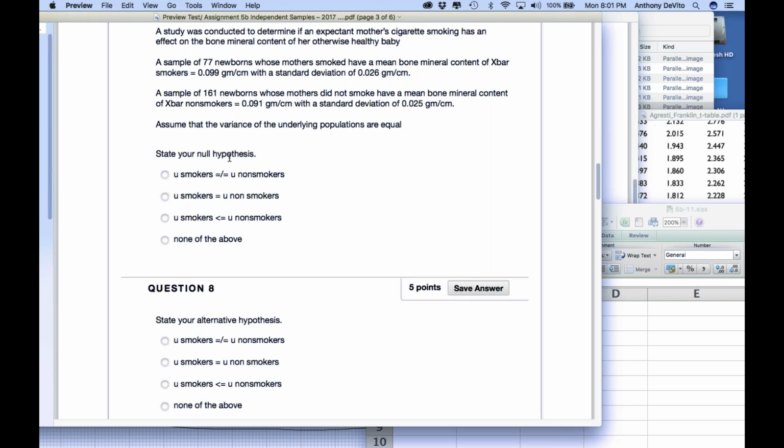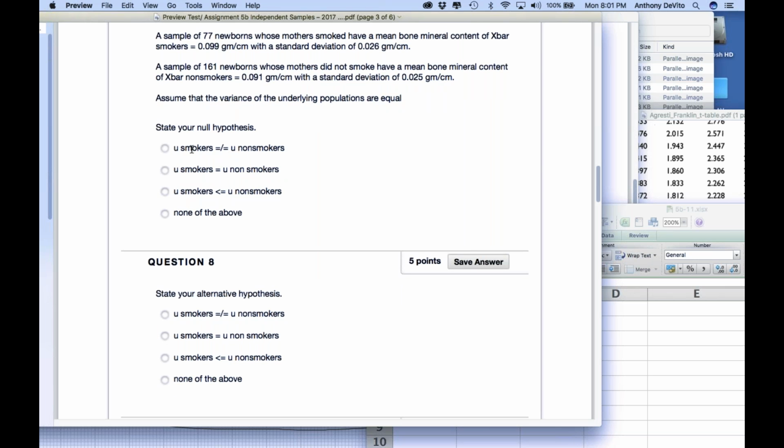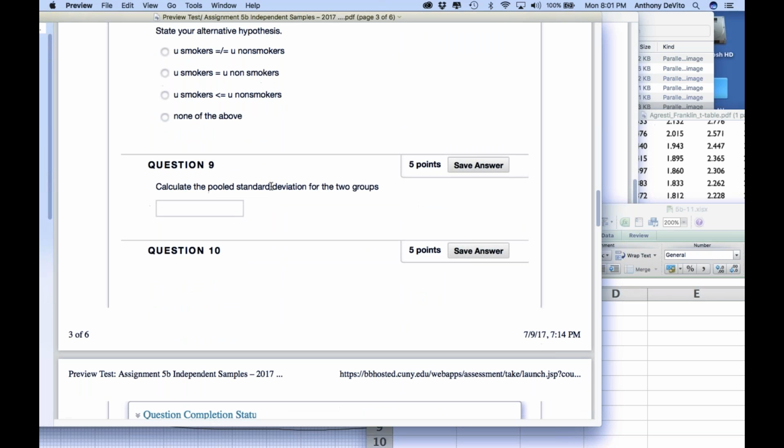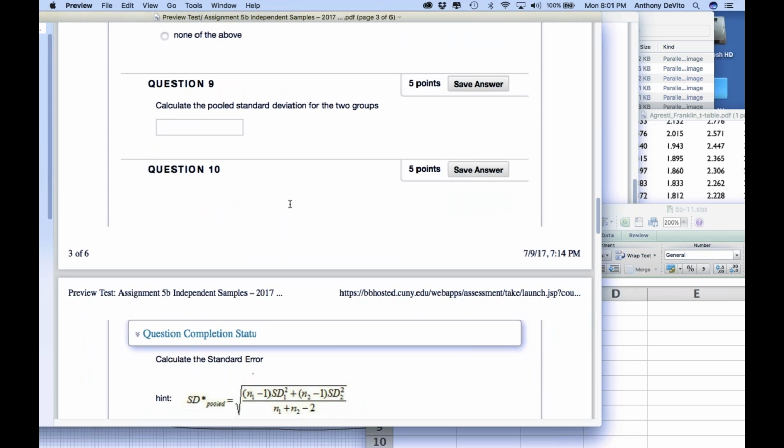Okay, state your null hypothesis. It's that the mean bone density for smokers' babies is equal to the mean density for non-smokers' babies. Your alternative hypothesis is that they're not equal. Calculate a pooled standard deviation for the two groups. That's question 9.